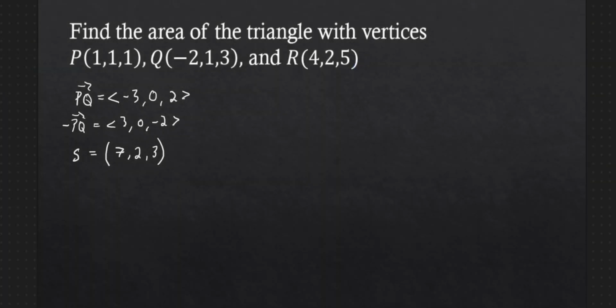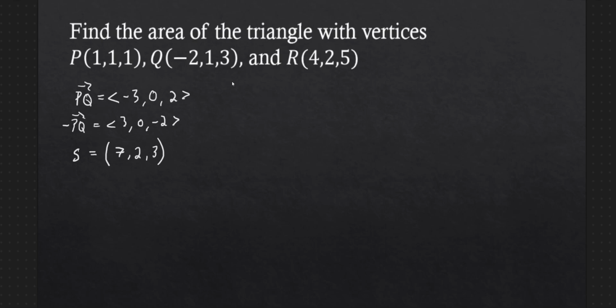We have our plan of action, and now we're going to execute it. So what I want to do is find PQ cross QR. And I don't want negative area. I'm dealing with positive area here. There's no notion of negative area yet. So I'll take the absolute value of the magnitude.